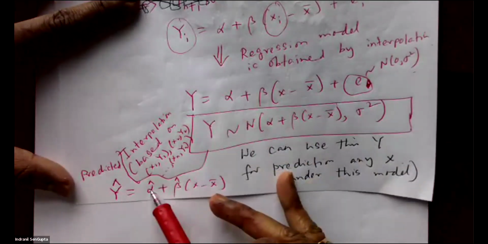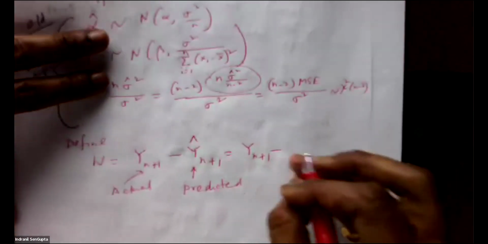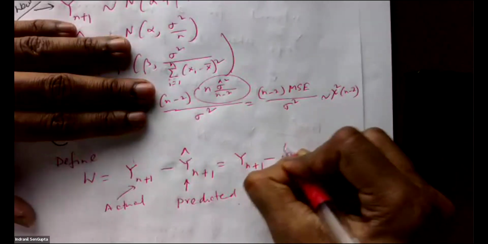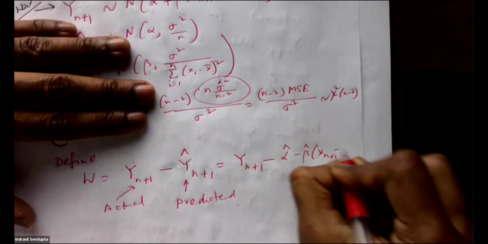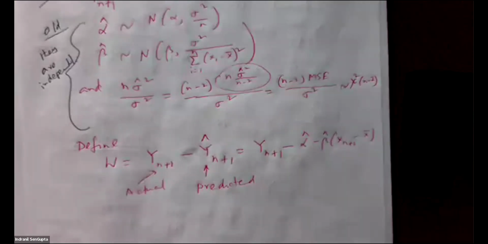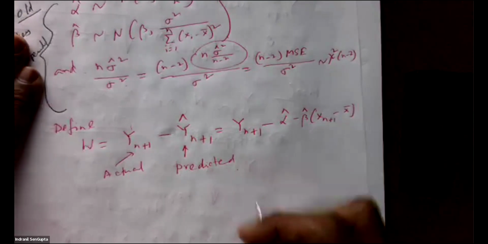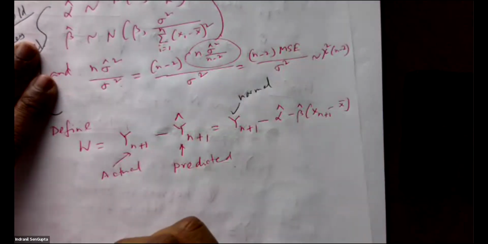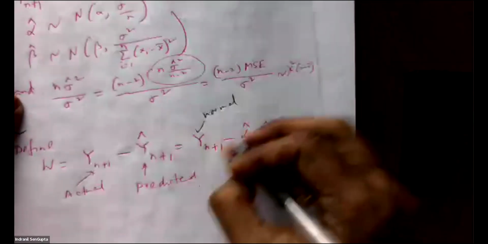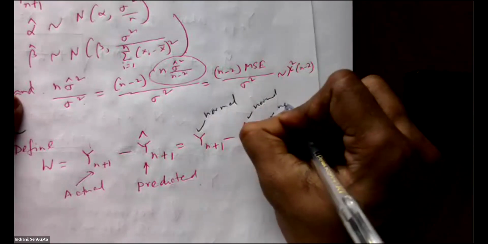Alpha is replaced by alpha hat, beta is replaced by beta hat, and that's it. So for y of n plus 1, it will be alpha hat plus beta hat (x of n plus 1 minus x bar). So this is a linear combination of independent normal variables. Why? This is normal, this is normal, and this is normal.